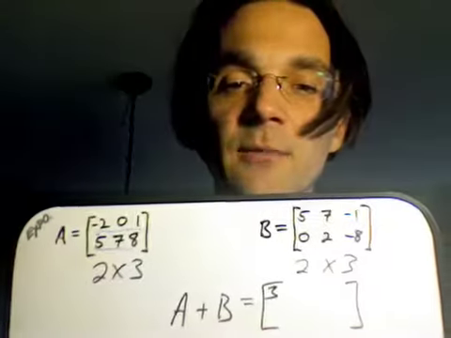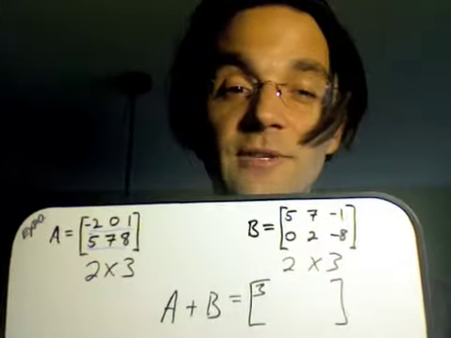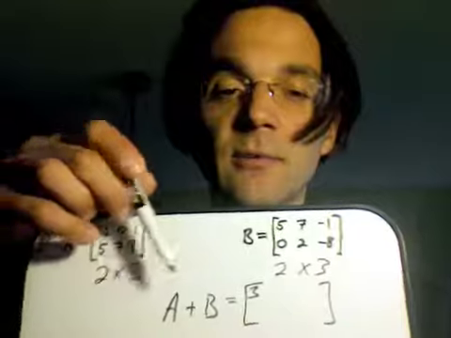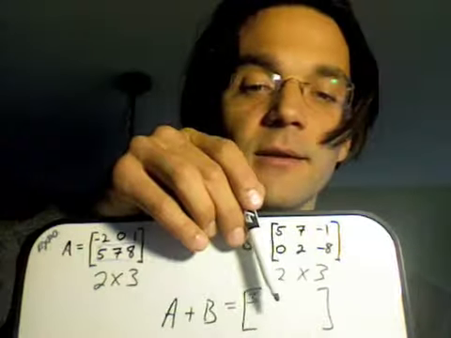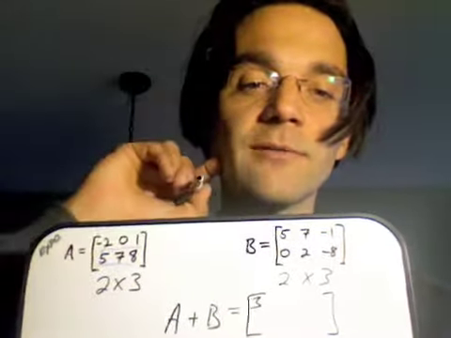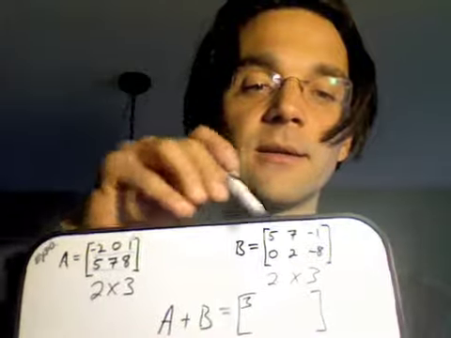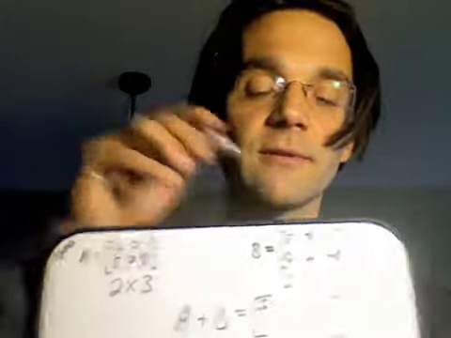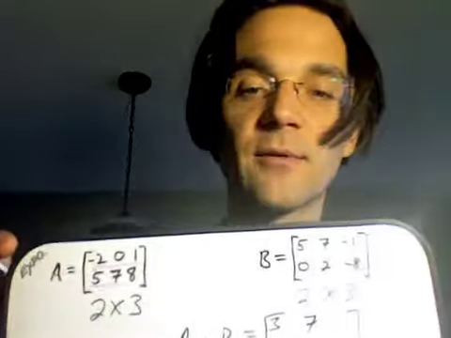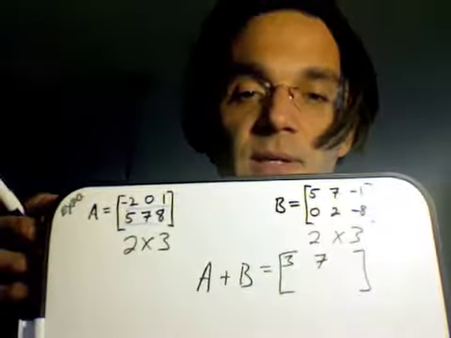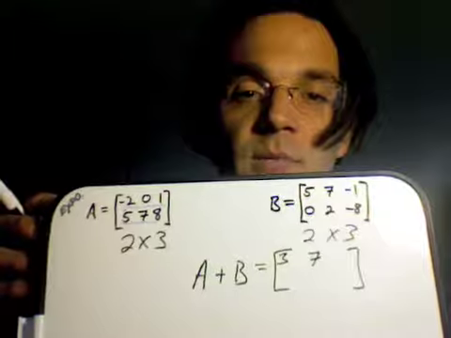So what do you think the element in the first row in the second column is going to be? The element that's going to go right here. Think about it for a minute. It's easy, right? It's 0 plus 7. Okay, so it's 7. What about the last one in that row, A plus B? Well, it's going to be 0, right? 1 plus -1.